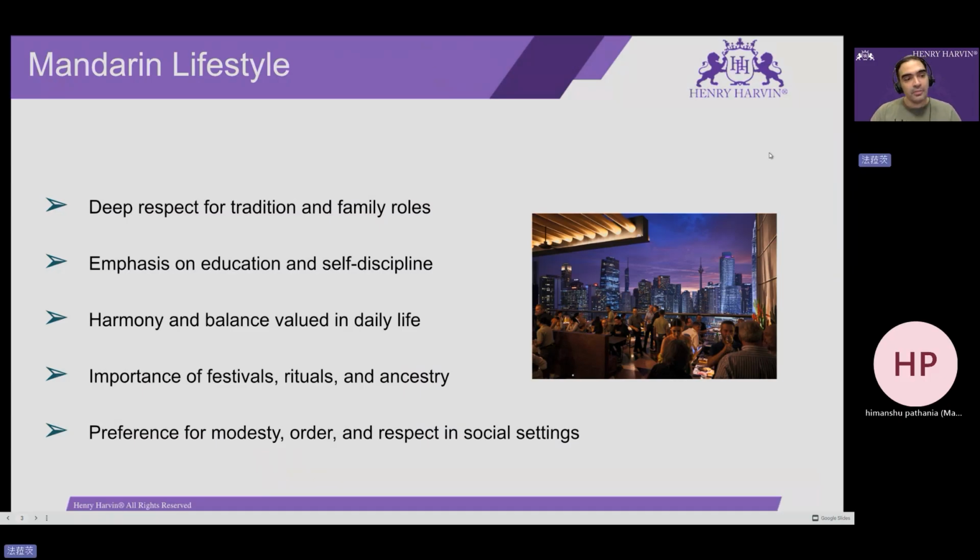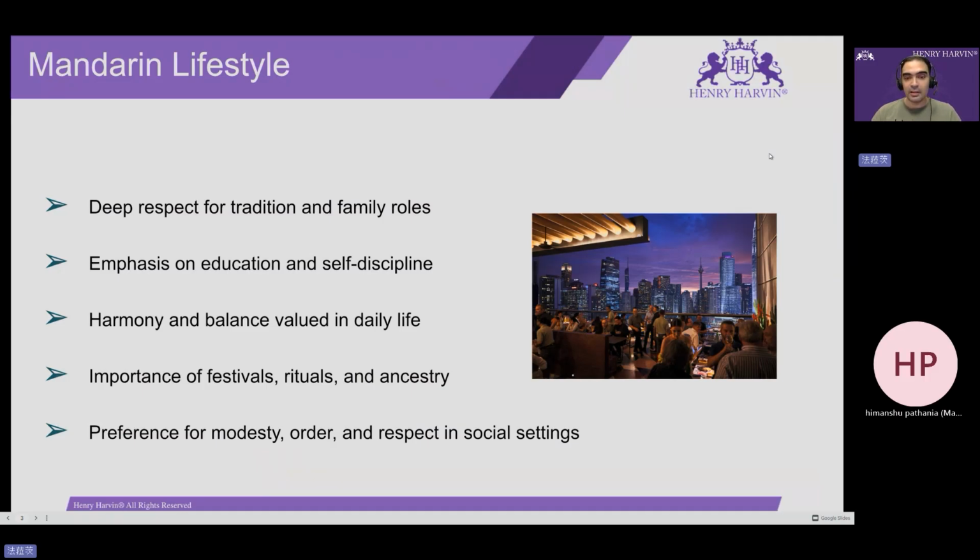About the lifestyle, there is a deep respect for tradition and family roles in Mandarin lifestyle culture, and a great emphasis on education and self discipline, because a lot of parents emphasize the education and self discipline of their sons and daughters. Even in their history, one of the most prominent figures of Chinese culture, Confucius himself, put a lot of emphasis on education and self discipline in daily life.